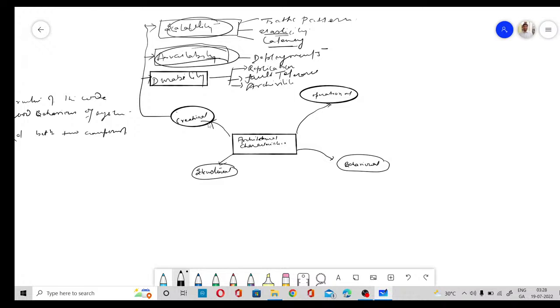So when we talk about this structural part of the architecture, we can talk about agility first. What we can consider in agility is whether there is clear understandability or not.